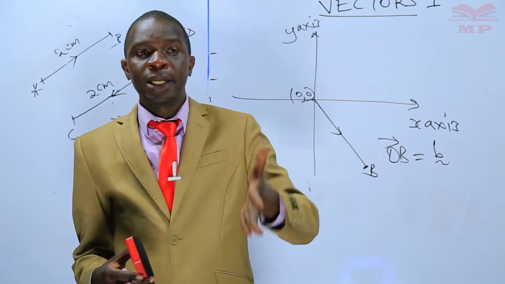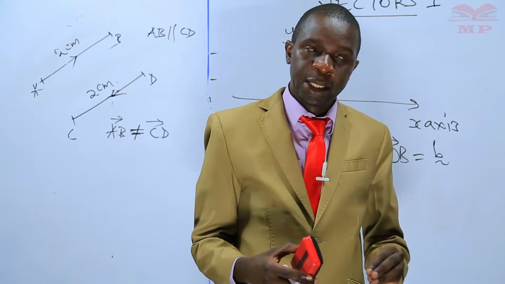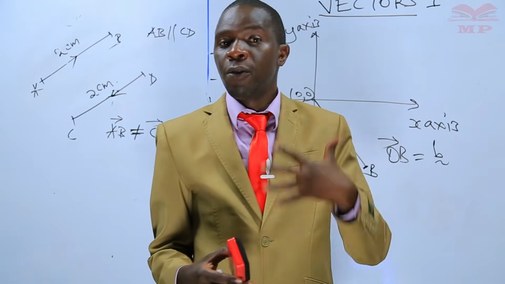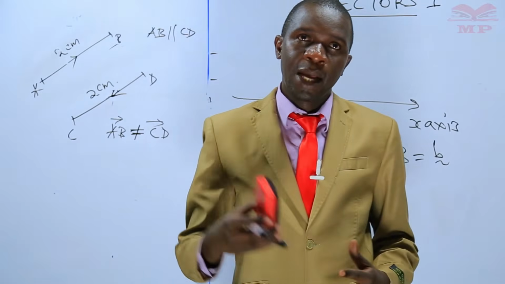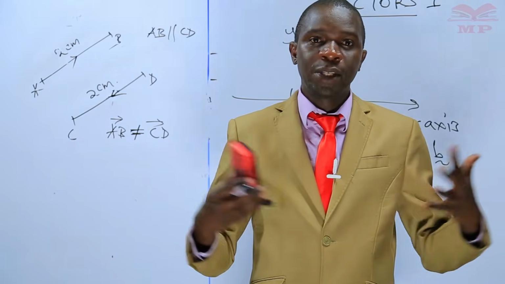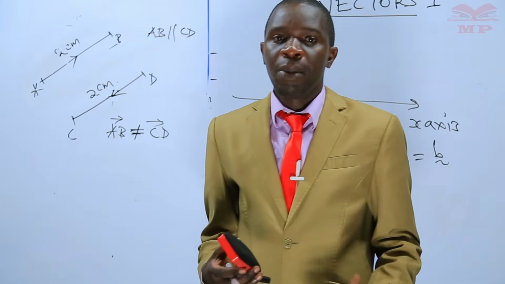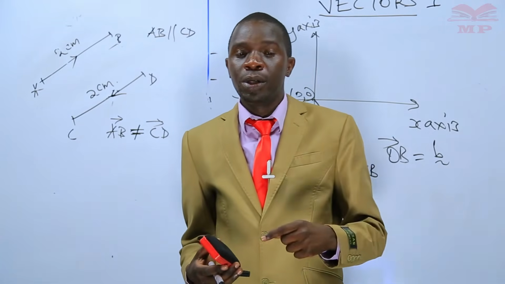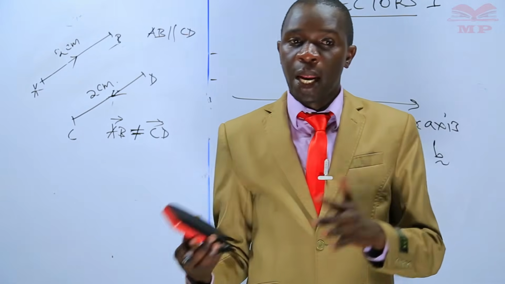We have said that magnitude can also be called length, and it can also be called size. In this lesson, again, we've looked at the difference between a vector quantity and a scalar quantity. And we've said that scalar quantities can have magnitude but lack direction, but a vector quantity normally has both magnitude and also direction.